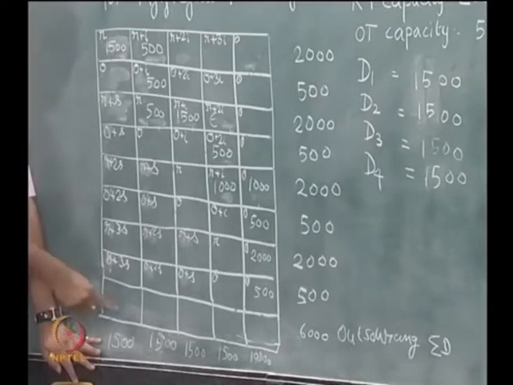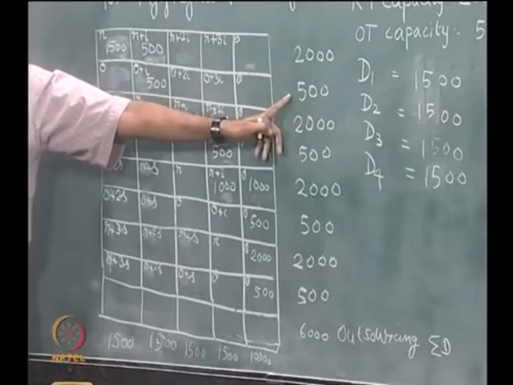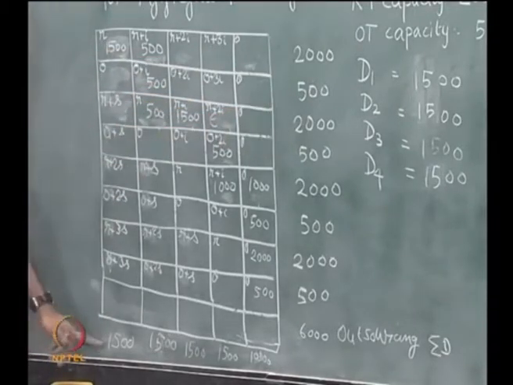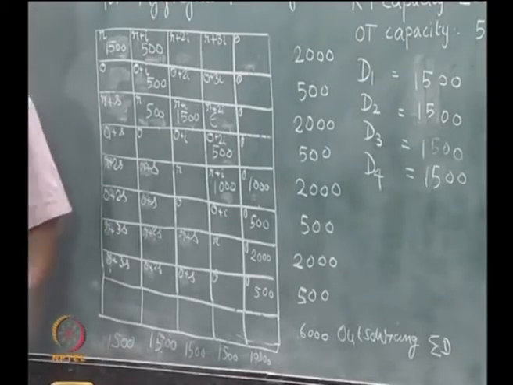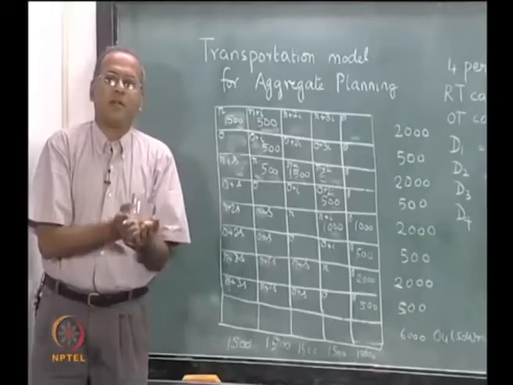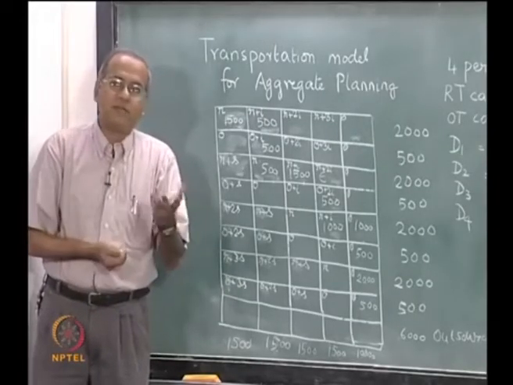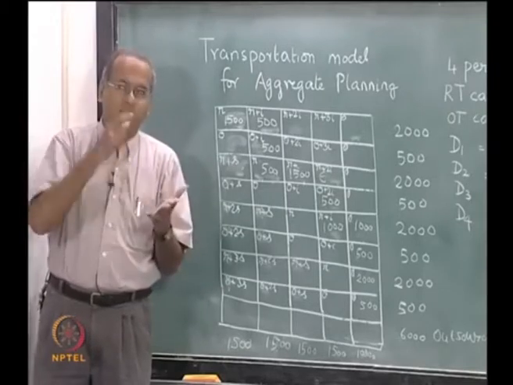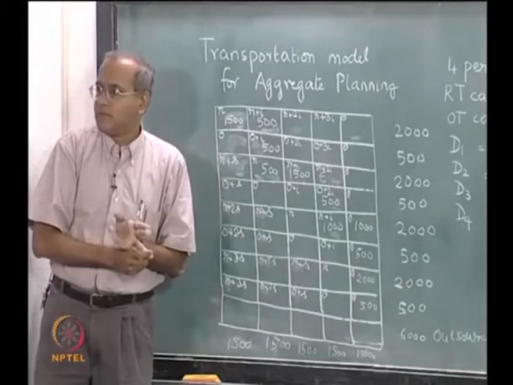If my first month's capacity is 2500 and my first month's demand is 3000, and there is no beginning inventory, then there is definitely going to be a shortage of 500. To meet that, we have to do one of two things: either allow back ordering or allow outsourcing.